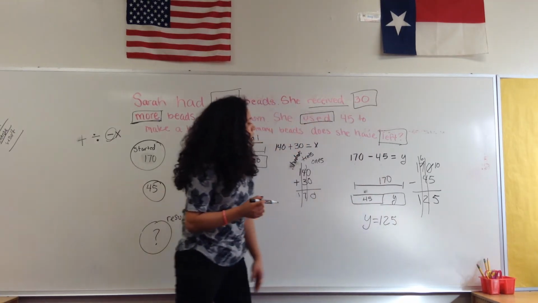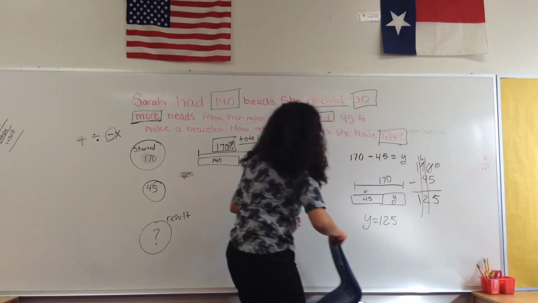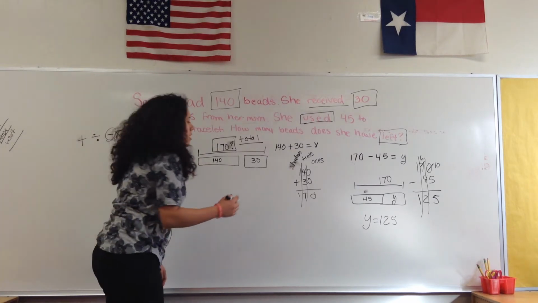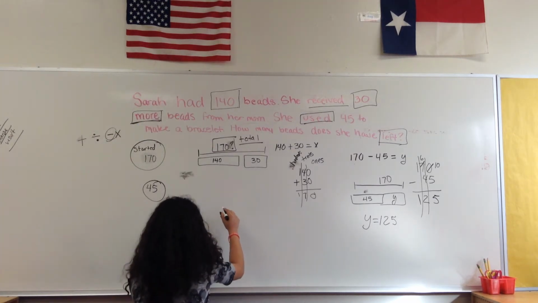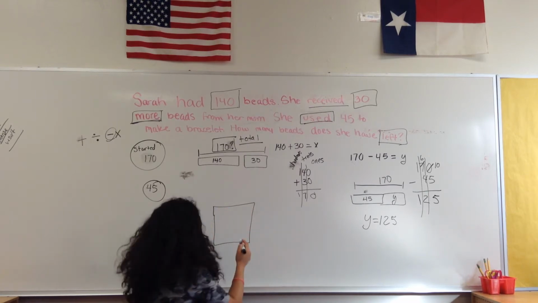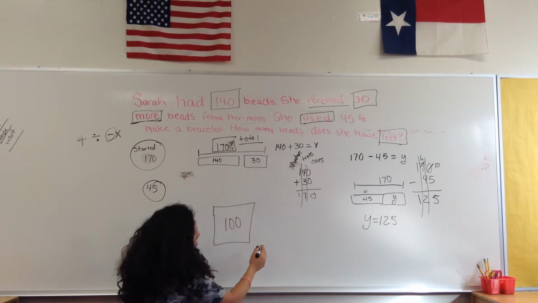But you know what? Let's double check our work. Now we're going to use this other form to solve our problem. And remember last week we reviewed, this is worth 100, our 100 blocks.